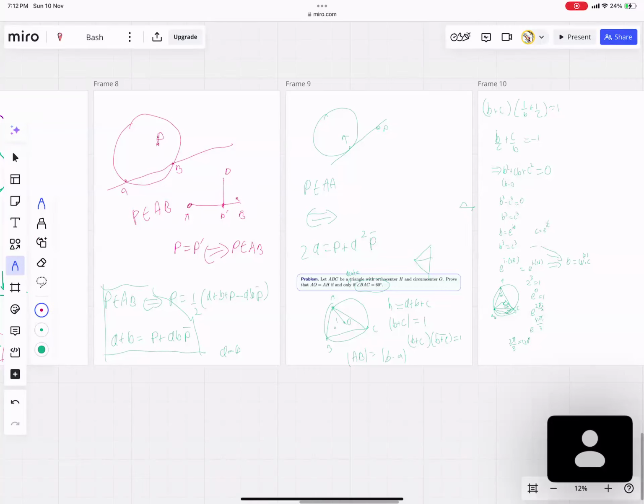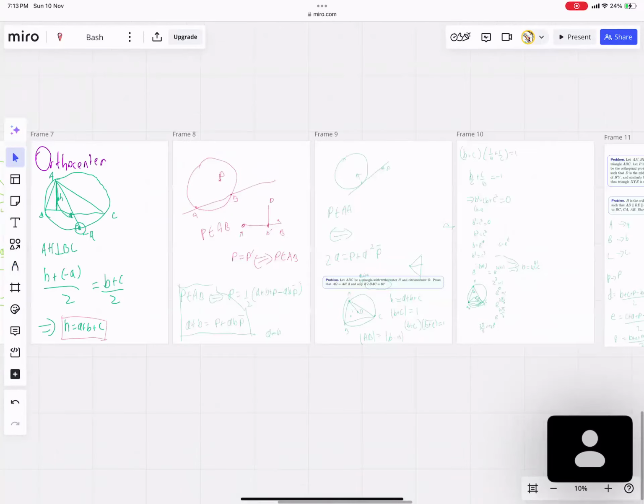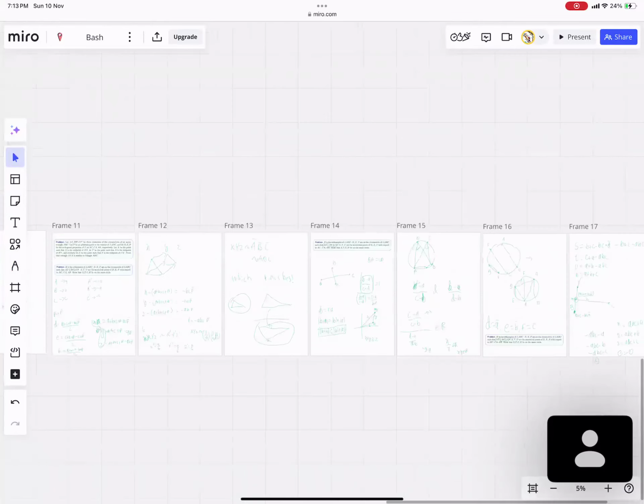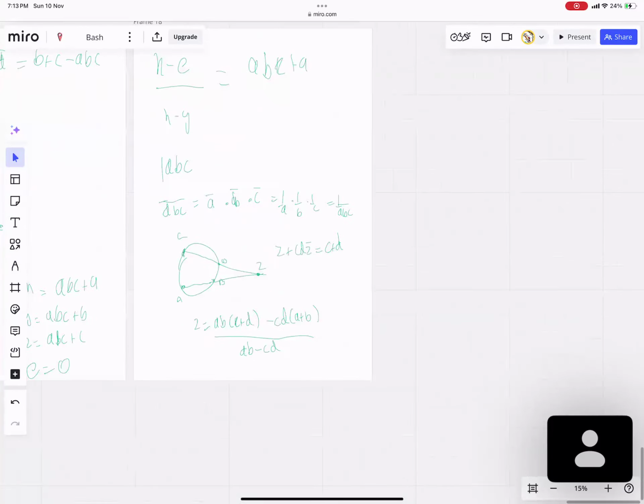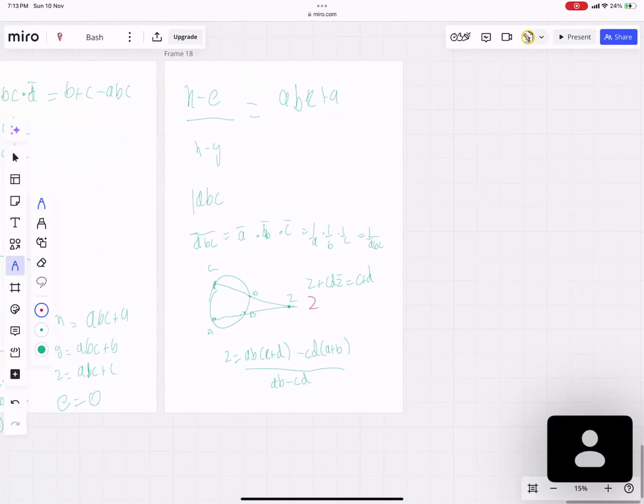Is this fine with everyone? Yes. Okay, nice. So we know that Z satisfies this, and Z also satisfies Z plus AB times Z conjugate is equal to A plus B. Now, if we solve for Z, which I won't show, we'll get this.